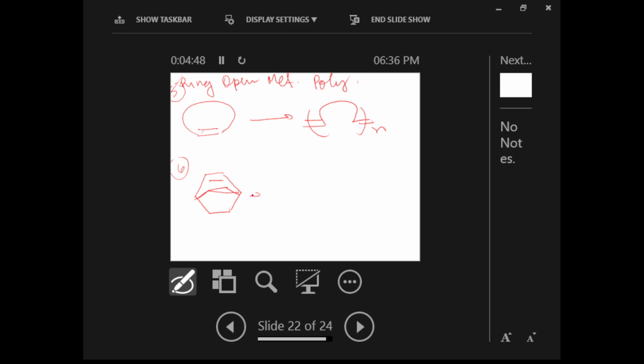So this is a ring plus R. When this reaction happens, the ring opens up to give this thing and then R. So R will be a one carbon addition. This is called ring opening cross metathesis.